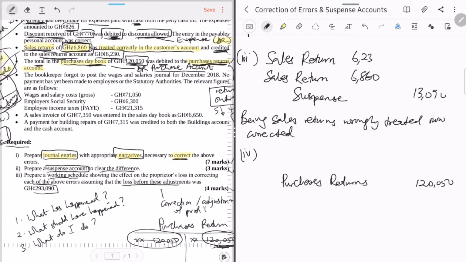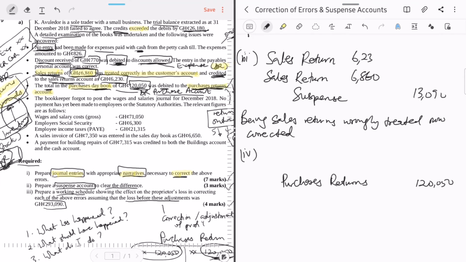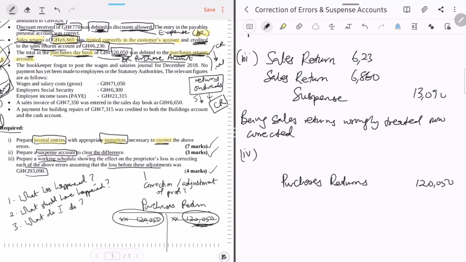Now, what goes to the debit side? They said the total of the purchase day book was debited to the purchase returns account. So it means they have not done the right thing in the purchases account. So I credit this purchase return to cancel it. Then I do the right thing in the purchases account. I go to the purchases account and I debit purchases with 120,050.